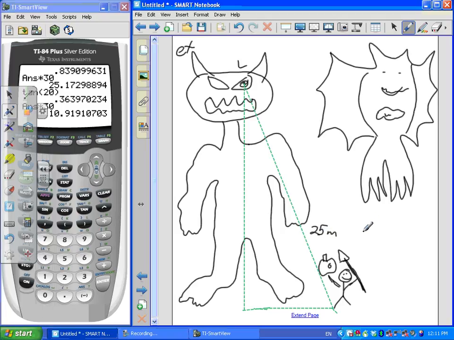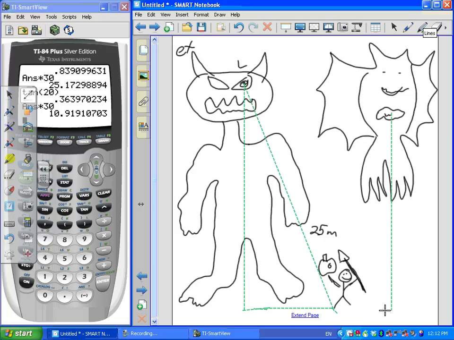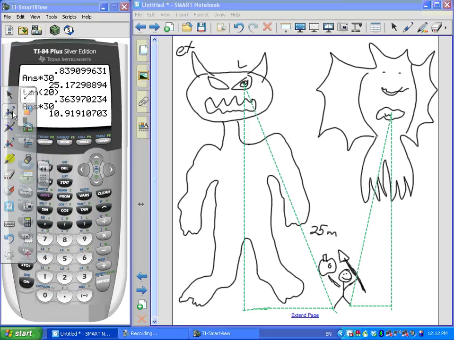Okay? And let's draw our other triangle here. Your distance from the bat, the middle of the bat's mouth, is 10. So we're going to say to the right angle, to the bottom of where he's flying over, you are 10 meters away.